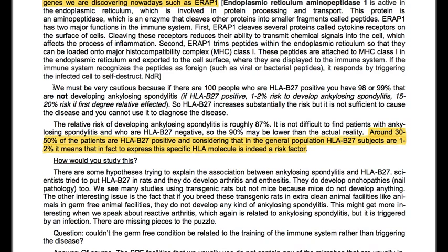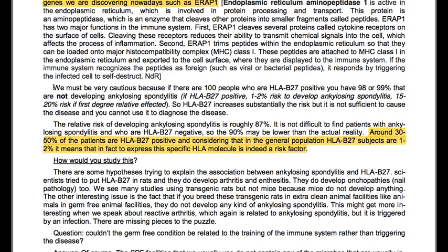There is a 15-20% risk if a first degree relative is affected. So HLA-B27 increases substantially the risk, but it is not sufficient to cause the disease, and you cannot use it to diagnose the disease. The relative risk of developing ankylosing spondylitis is roughly 87%.